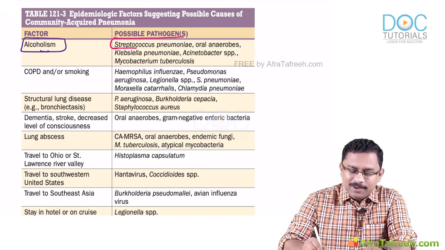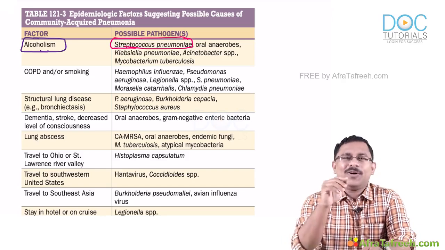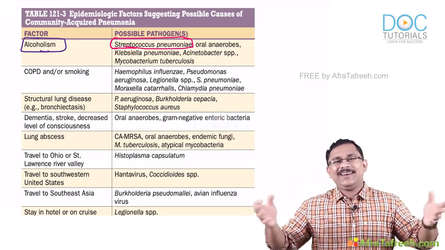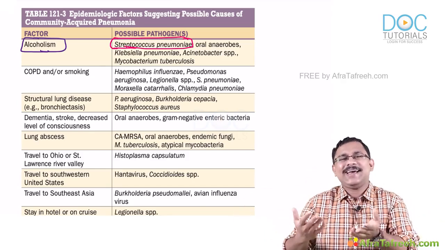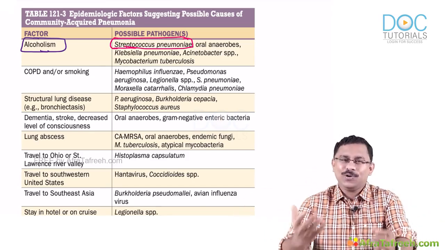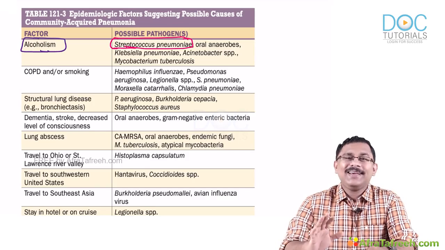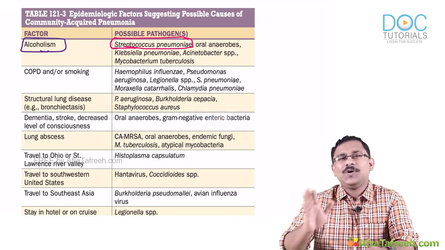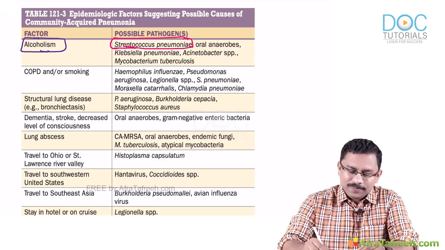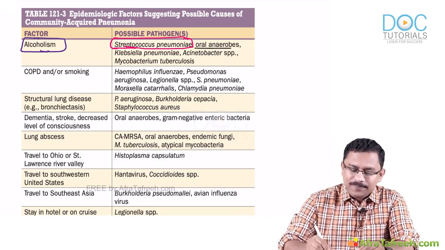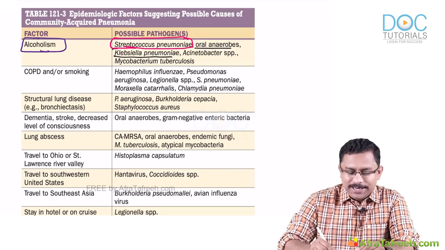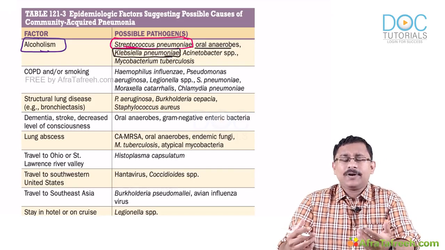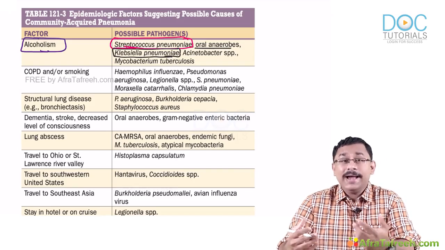It is only when an alcoholic is lying down somewhere and is aspirated that he is likely to get an anaerobic infection. It is not that in alcoholics it should be an anaerobic infection. In alcoholics also, the most common is pneumococcal infection. You can have anaerobe infection, and Klebsiella. Klebsiella is also very important. It has a predilection for involving alcoholic patients.